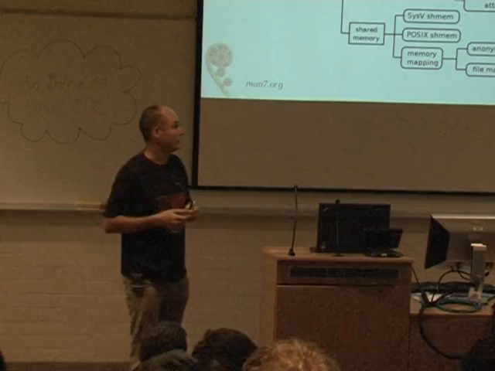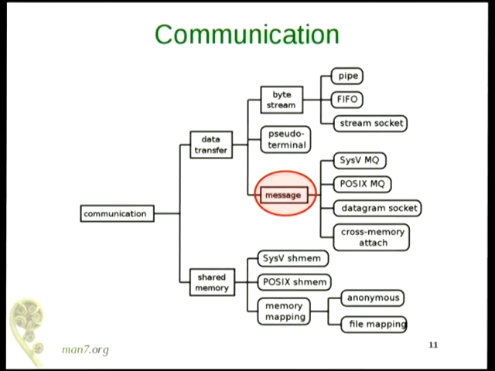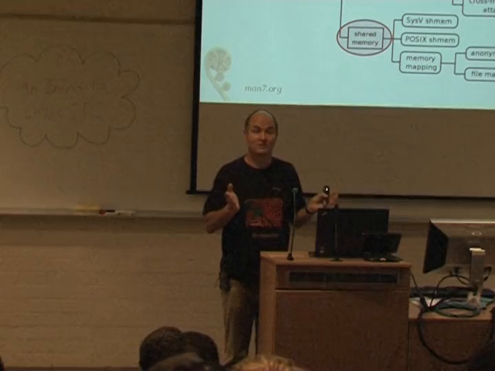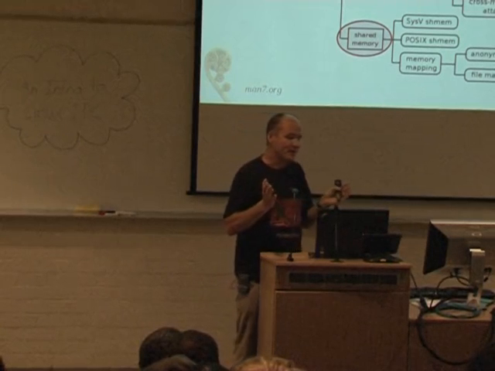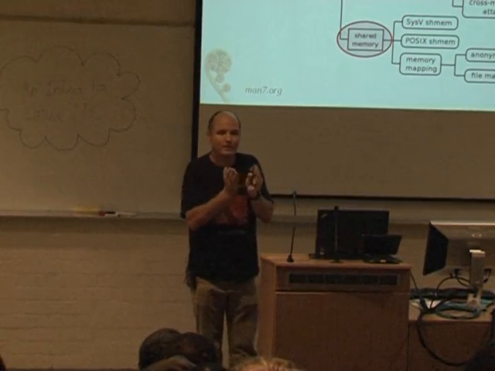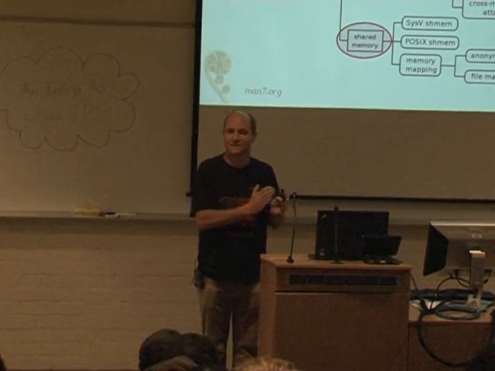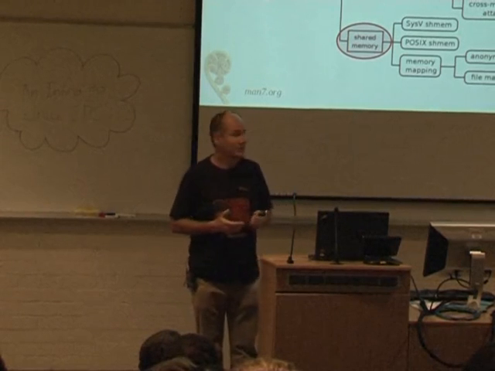So there's 2 copies involved. You can divide those data transfer methods further into 2 main categories: byte stream and message. Byte stream, the data is just an unlimited sequence of bytes, and the reader can read as many bytes they like, regardless of how many bytes a writer wrote.